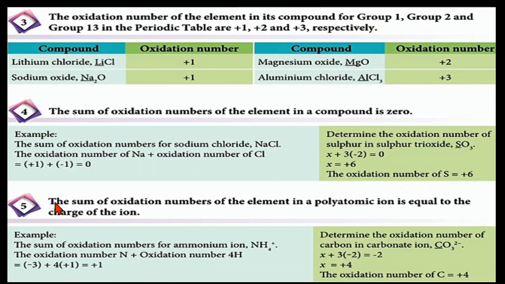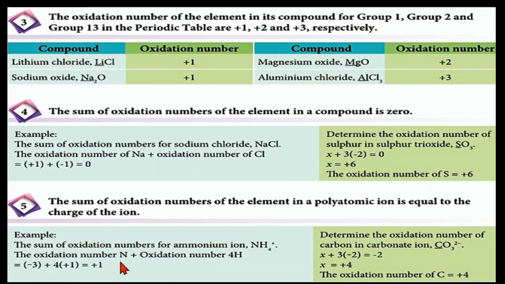The fifth one, the sum of oxidation number of the elements in a polyatomic ion is equal to the charge of the ion. For example, the sum of oxidation number of ammonium ion NH4+ is equal to the charge of the ion, which is positive 1. This means the sum of the charges of N and H4 is equal to the overall charge of ammonium ion, positive 1.